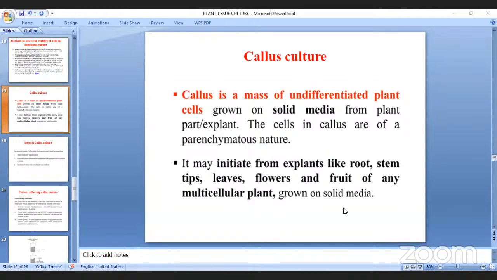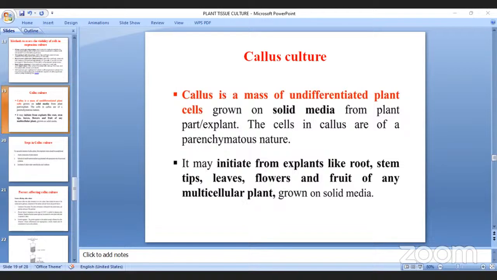Next, let's see the factors in culture media. Factors. So let's see the factors affecting callus culture. Many factors affect the callus formation in vitro culturing. Maybe condition of explant first.